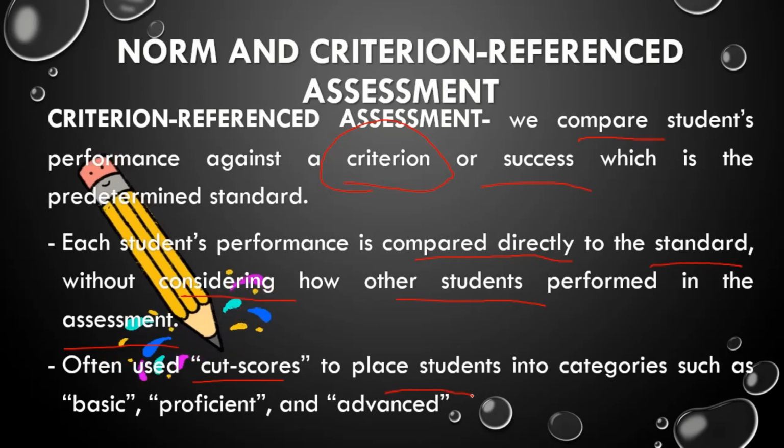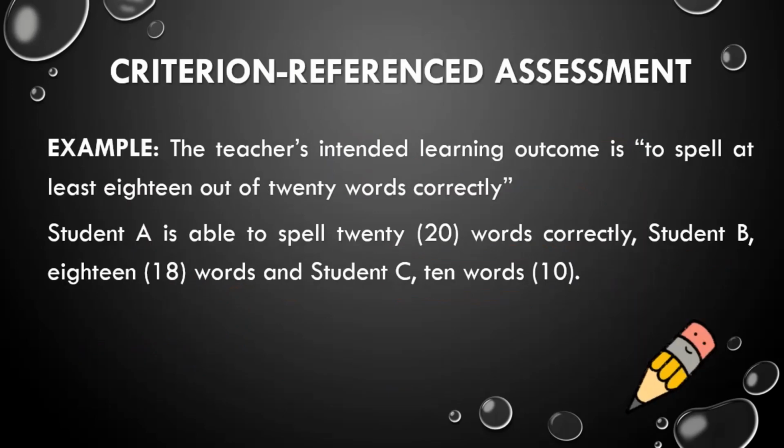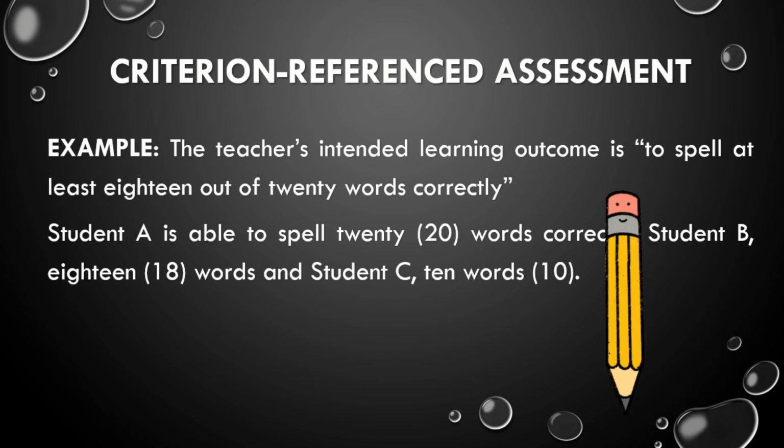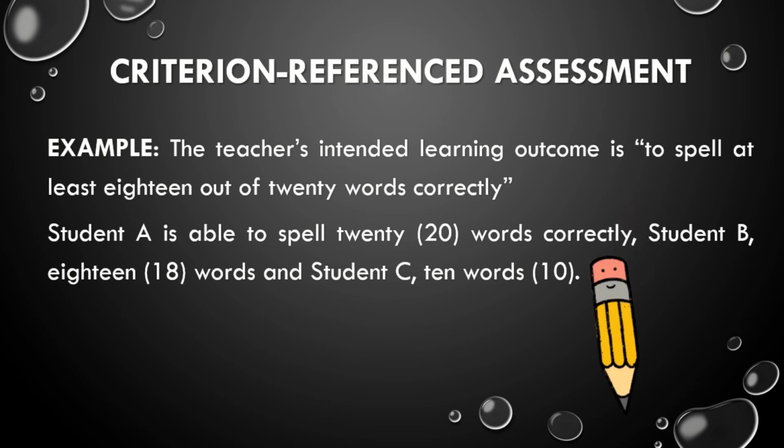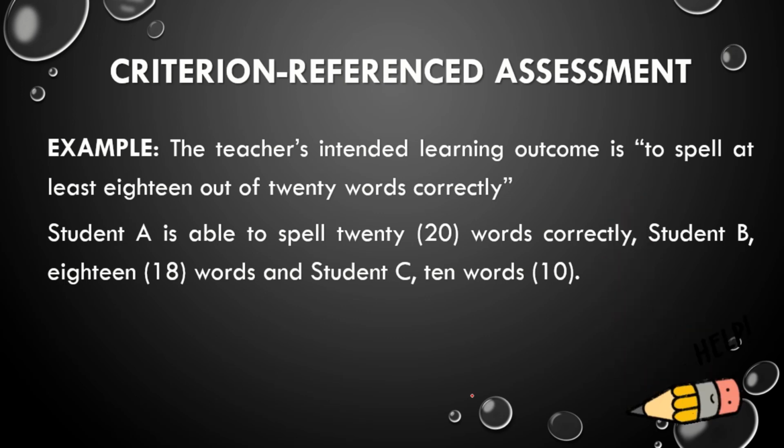For example, the teacher's intended learning outcome is to spell at least 18 out of 20 words correctly. Student A is able to spell 20 words correctly, student B 18 words, and student C 10 words.